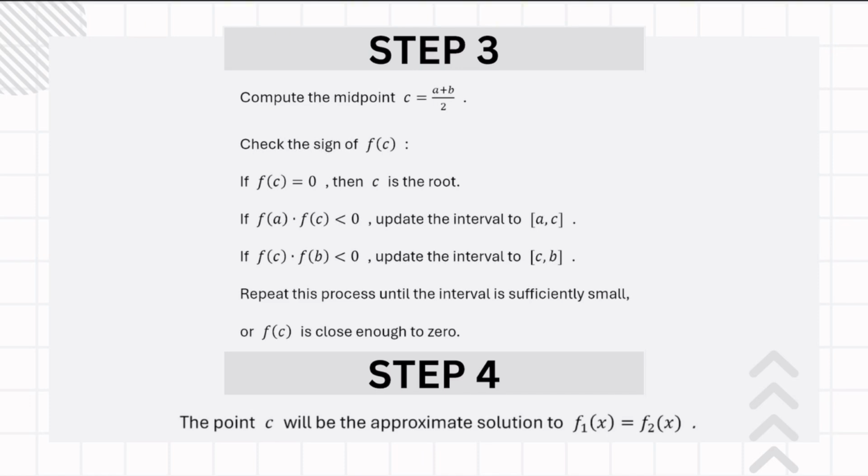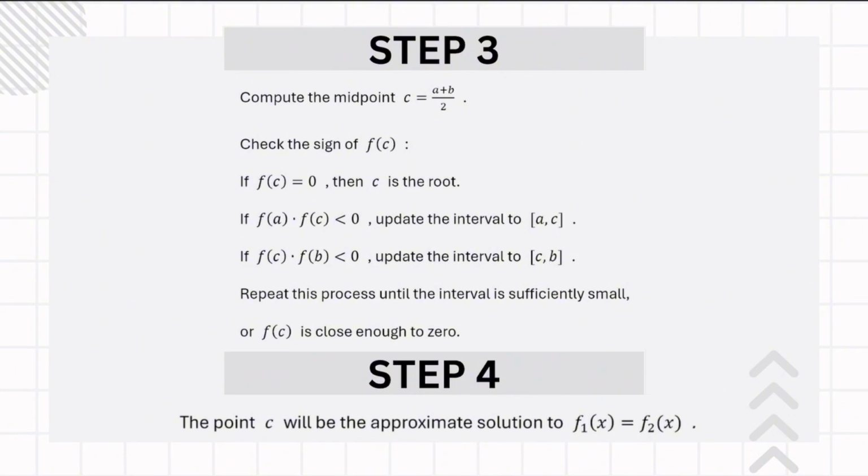On the other hand, if f(C) multiplied by f(B) is less than 0, we will update the interval to [C, B], and repeat this process until the interval is sufficiently small or f(C) is close enough to 0.